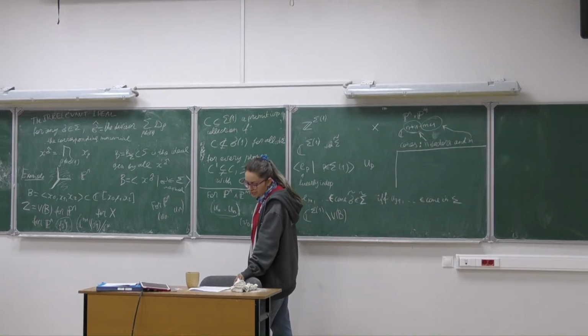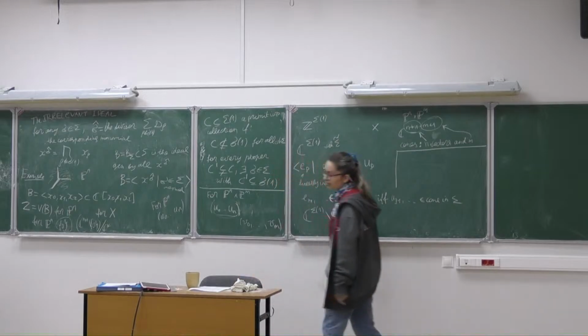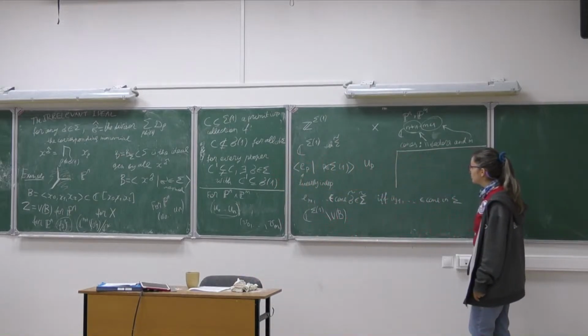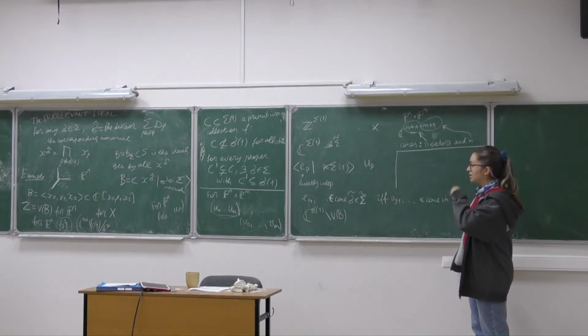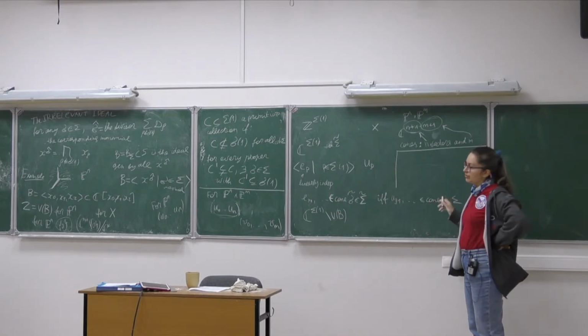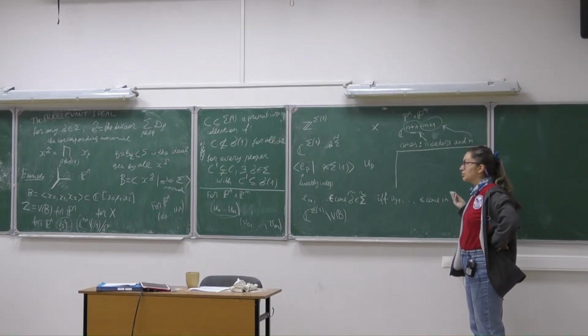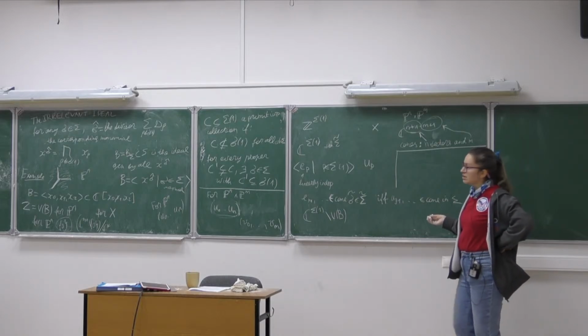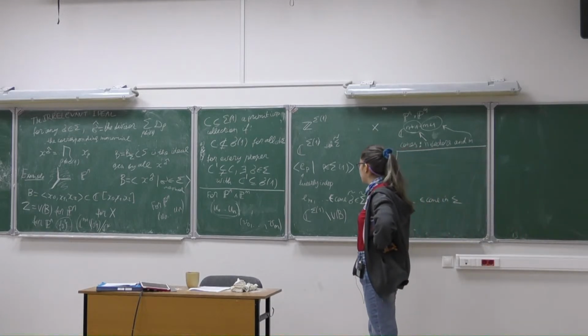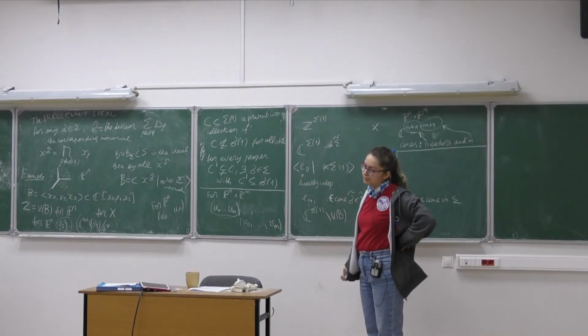And now in this fan we need to throw out all the coordinate hyperplanes which stand for the primitive collections. And exactly what remains will be the cones which come from the initial sigma.